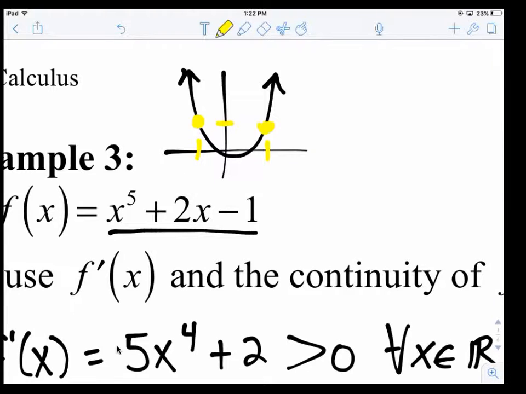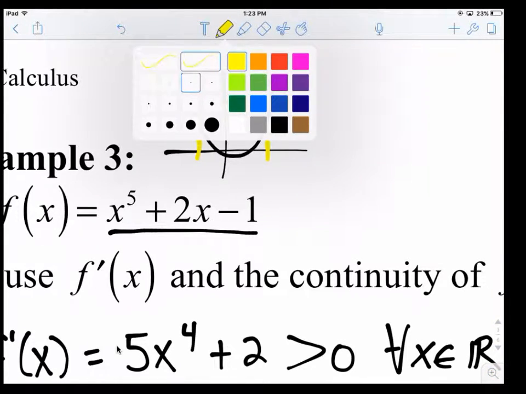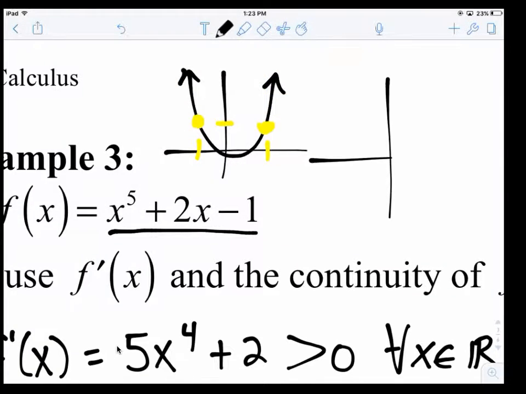Say this was 5: y equals 5 is here, and it's also here. We don't want that. We want a graph that looks more like that. So every y value as you go along the line has only one x value that it goes with.